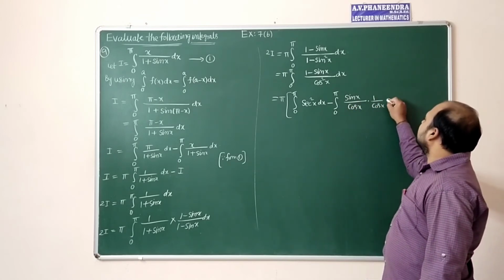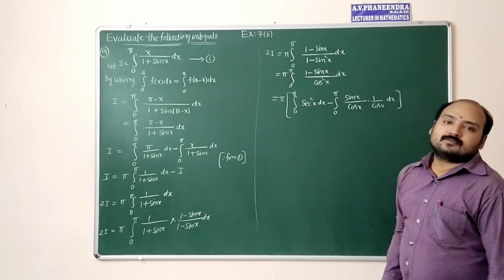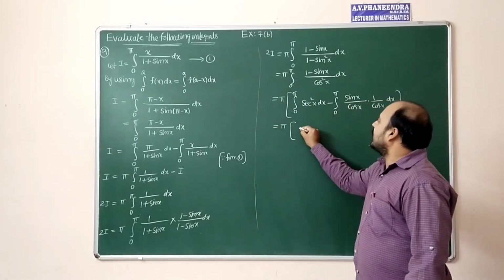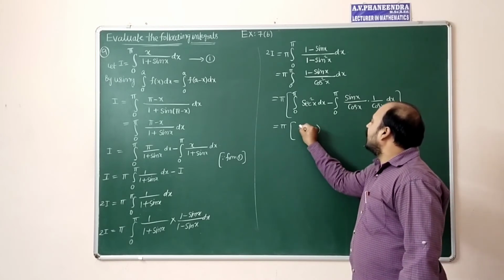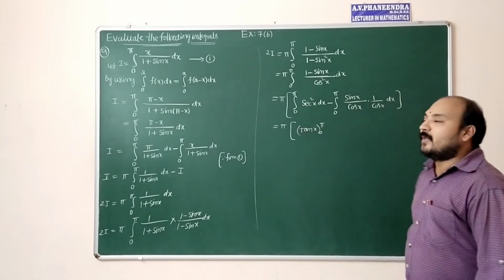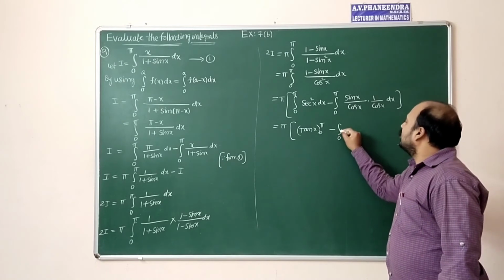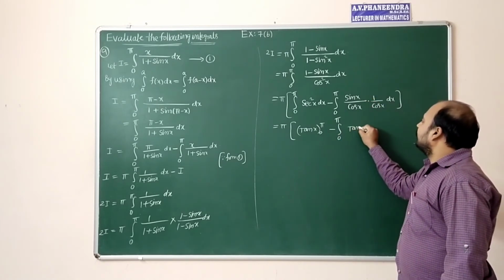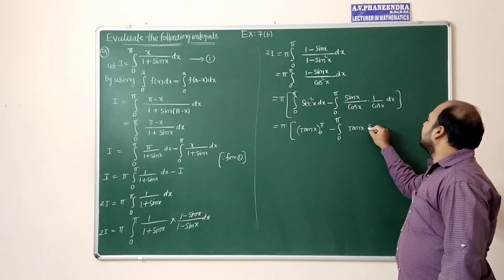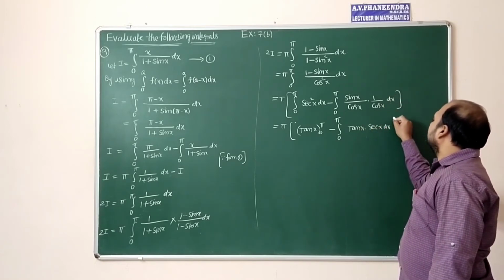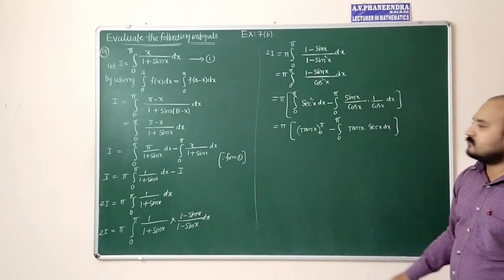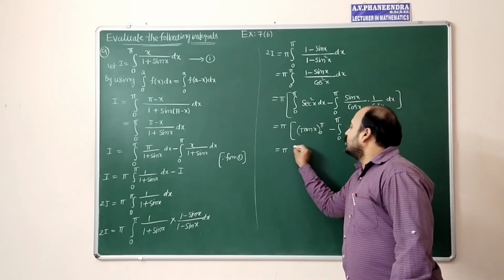Now which is equal to pi into integral secant square x is tan x, applying the limits 0 to pi, minus integral 0 to pi sin x by cos x is tan x into 1 by cos x is secant x into dx. We know that integral secant x tan x is secant x.